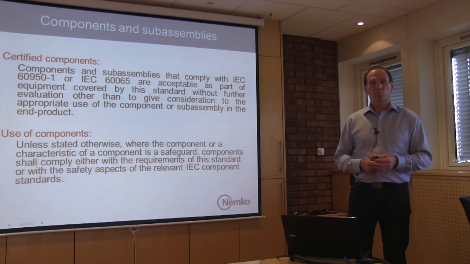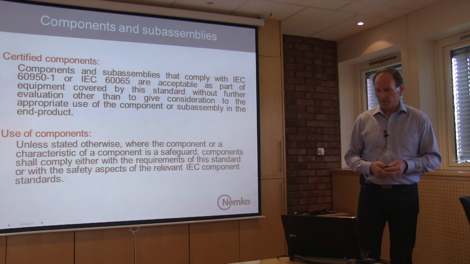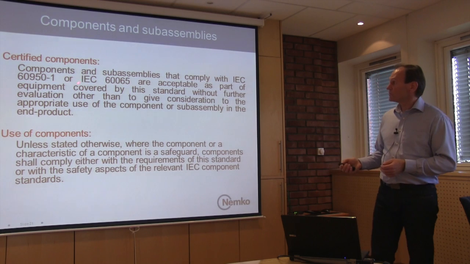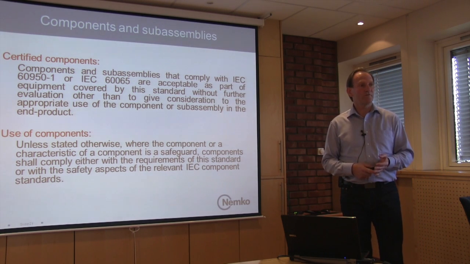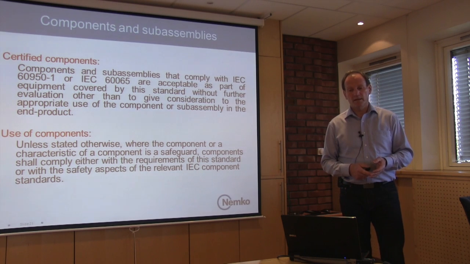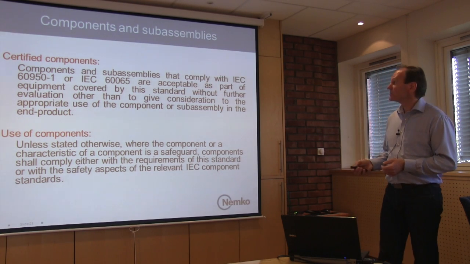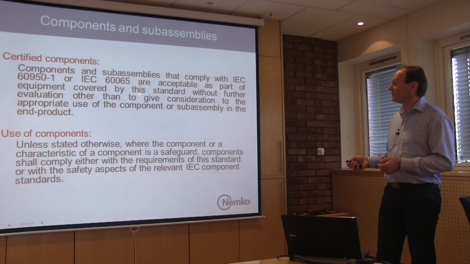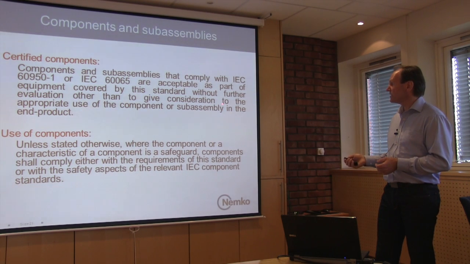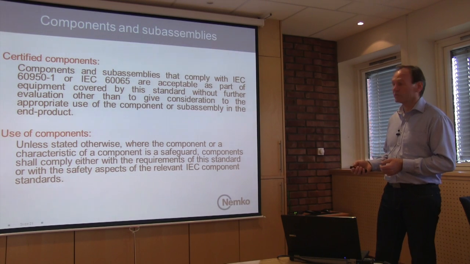Then I mentioned components, and the standard has introduced a clause about components which are certified to 950 and 65. Those components are acceptable as part of the equipment covered by this standard without further evaluation, other than to give consideration to the appropriate use of the component or subassembly in the end product.